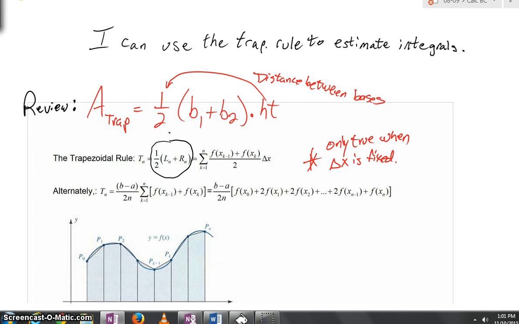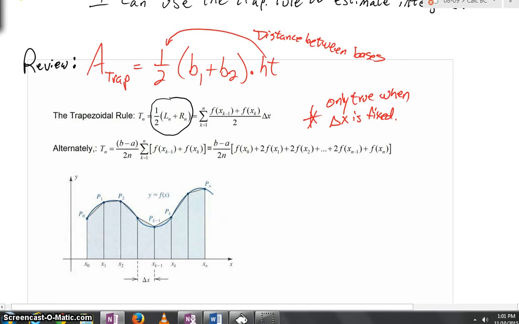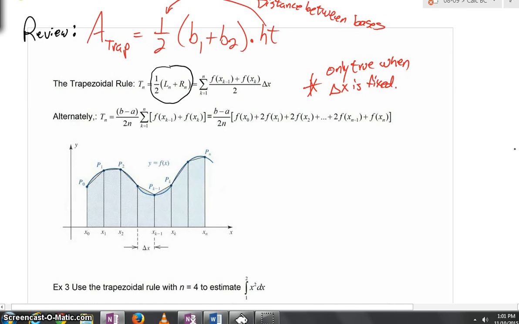But a couple of things I'd like to point out. The trapezoidal rule is a wonderful approximation tool. We're going to talk about why this formula is going to work out and then we're actually going to go through and try to work out an estimate.